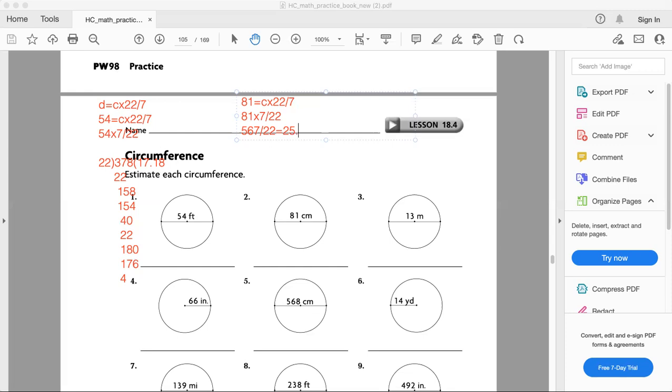22 multiplied by 7 is 154, and the remainder is 16, and again we divide 160 by 22.